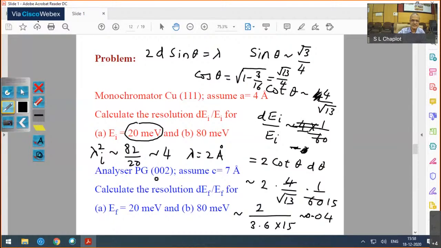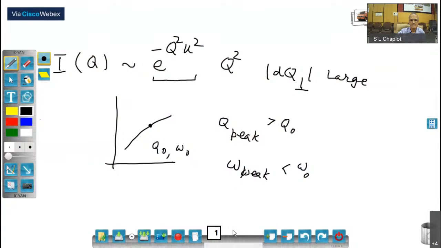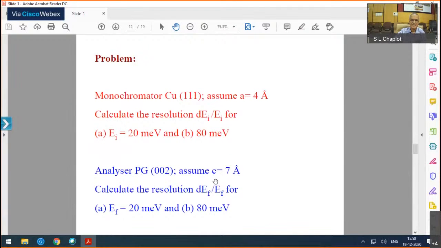If we have a graphite crystal, the C lattice constant is about 7 angstrom, and therefore the main difference is in terms of the d spacing.